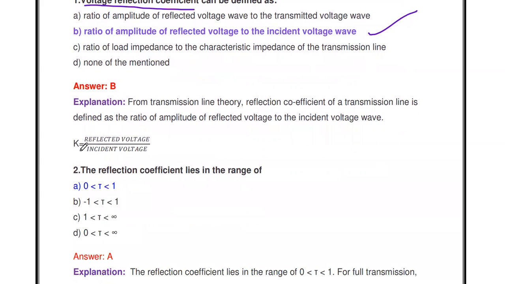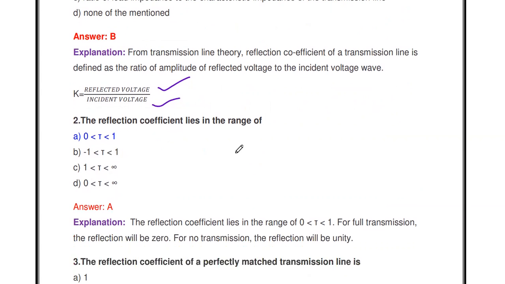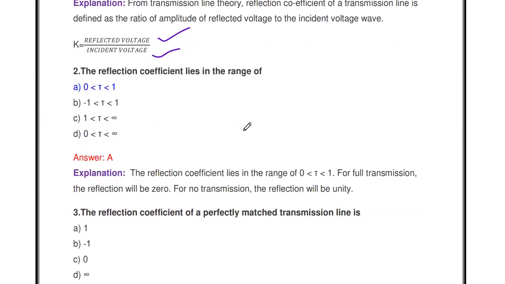It is indicated by K or sometimes by capital R. It's the reflected voltage divided by the incident voltage. Then the next one: the reflection coefficient lies in the range. What is the range of the reflection coefficient? It is between 0 and 1. The minimum value is 0, the maximum value is 1.